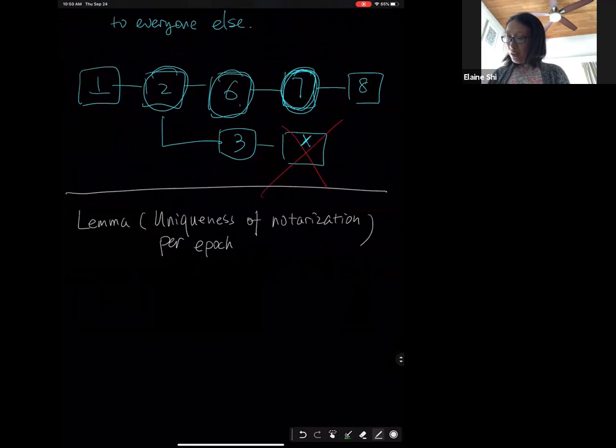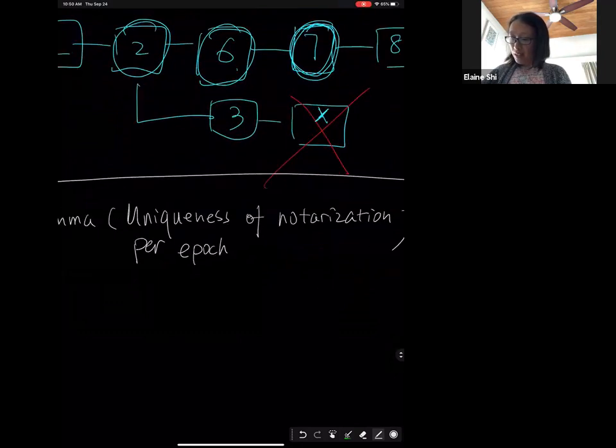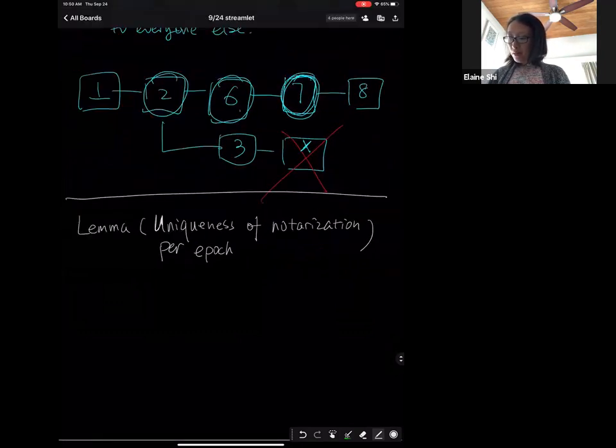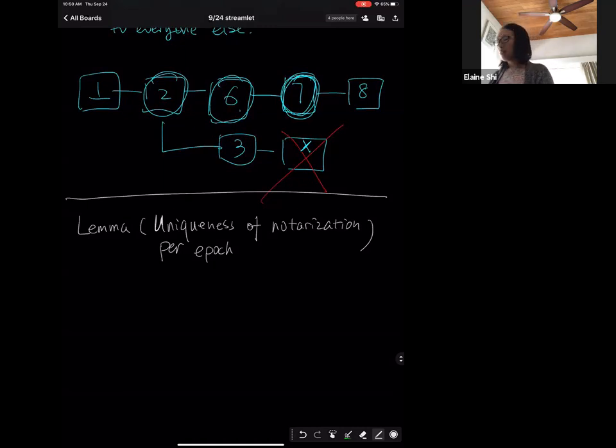What this says is that in every epoch, only one block can ever get notarized. It cannot be the case that I see some block notarized in epoch 5 and you see another block notarized in epoch 5. That can never happen.